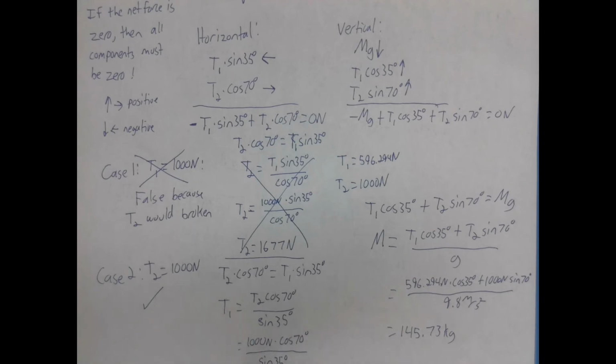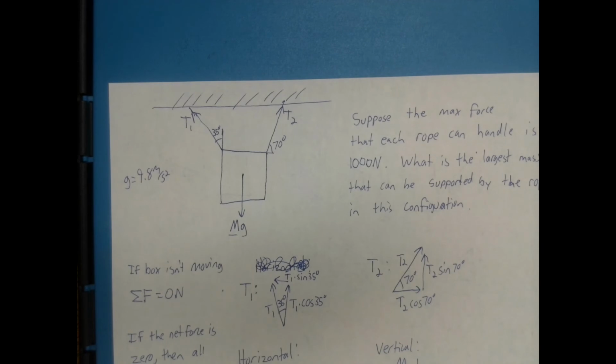So if you wanted to actually test this, get two similar ropes, hang it up on a hook, and start putting increasing weight until the rope breaks. That will tell you, and then you could just multiply by g to get how many newtons of force that rope can support.